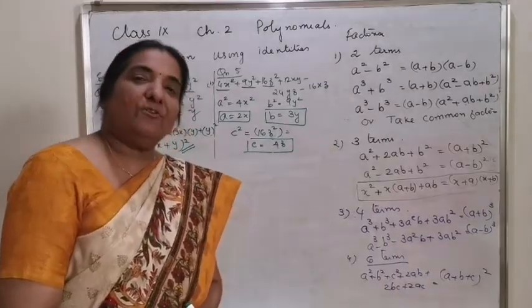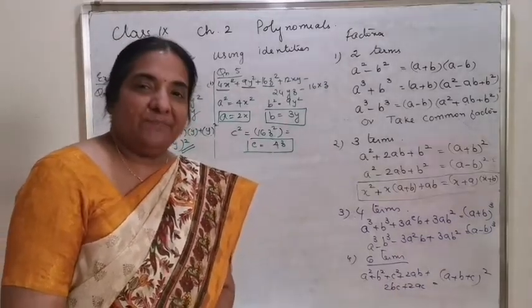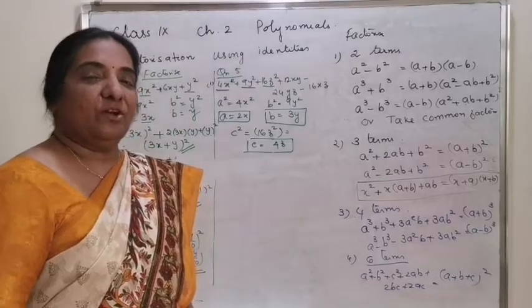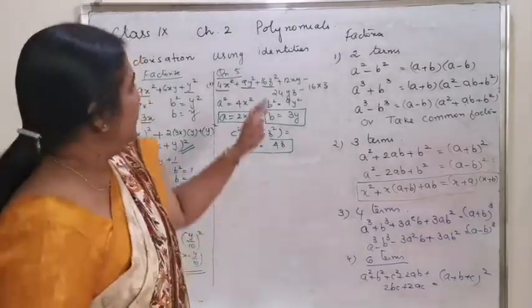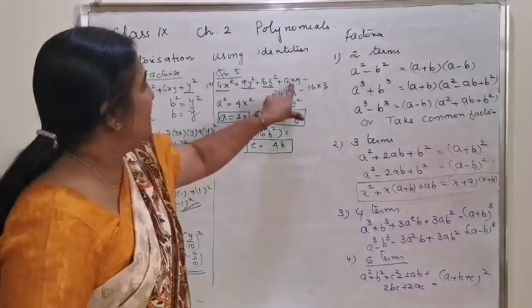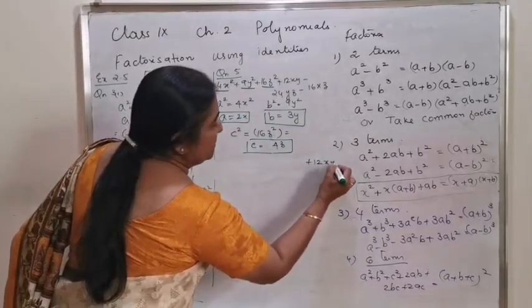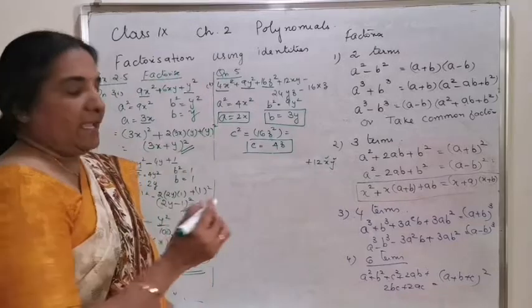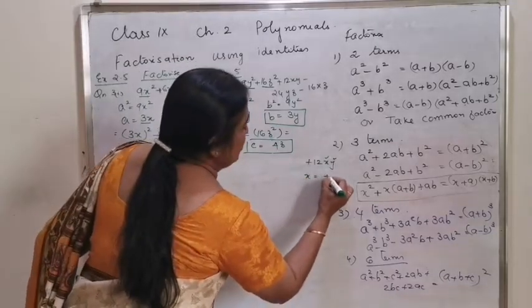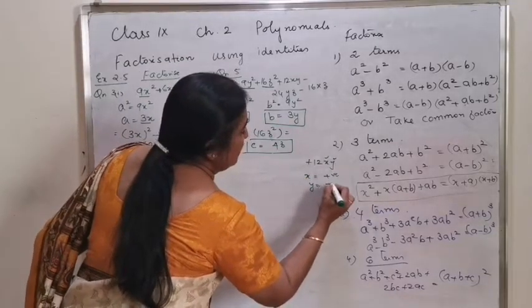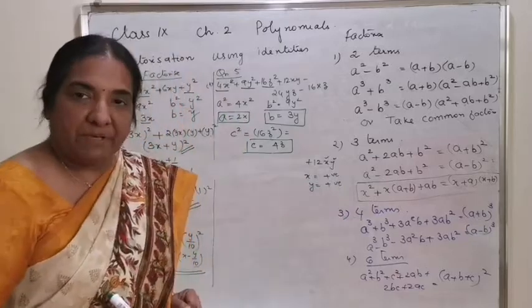After getting the values of a, b and c, the sign allotment has to be understood. Plus 12xy indicates that x is a positive number, y is also a positive number.